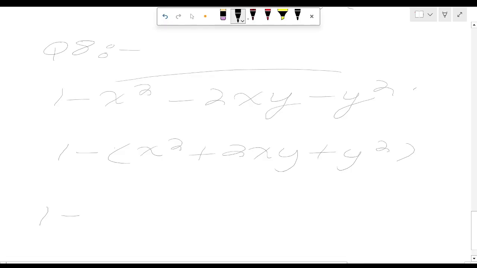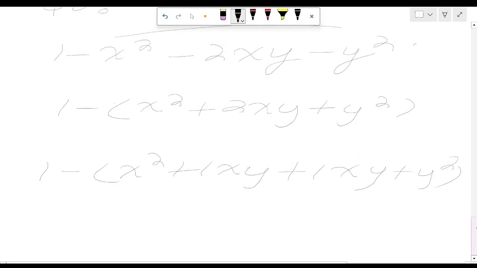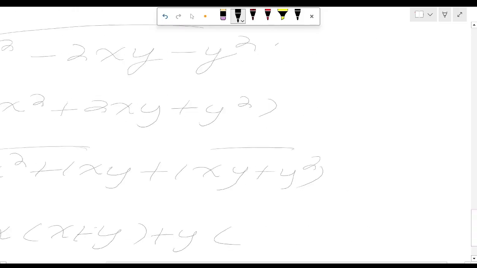So I will write 1 subtracted from x square plus 1xy, or just simply xy, and then added with y square. Okay, now I'll just pick the common values between these four terms. So the common values between these four is x bracket x plus y, and then I can write plus y bracket x plus y again.